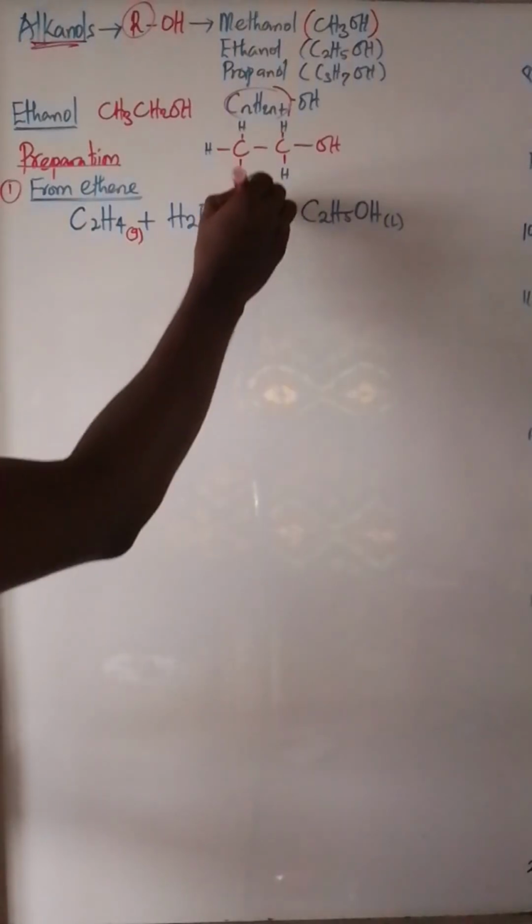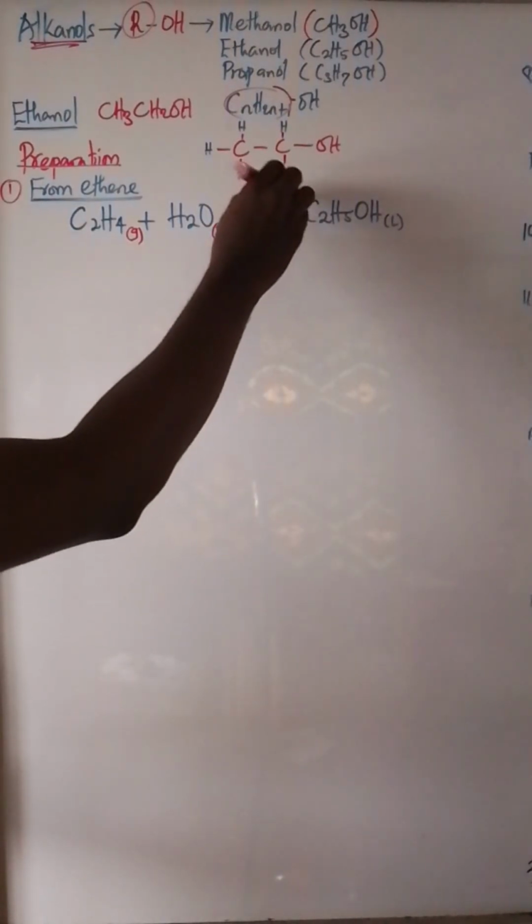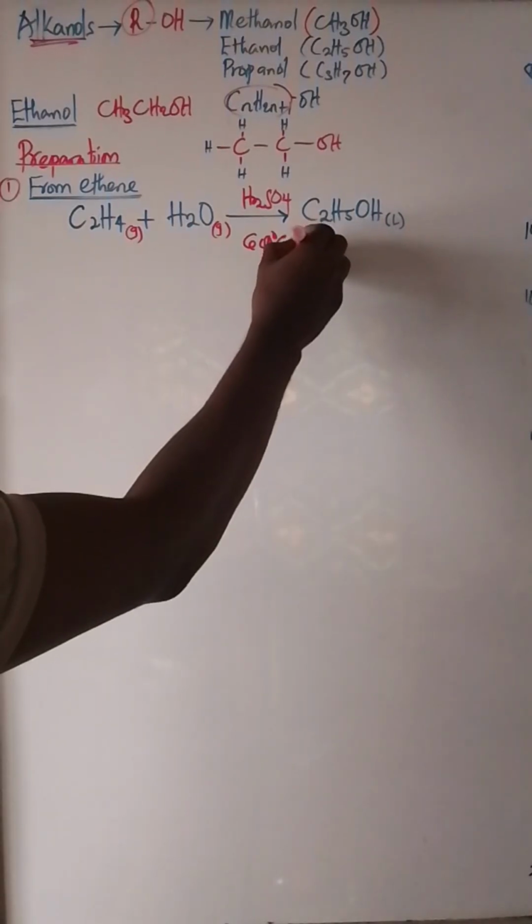But we need H2SO4 as catalyst, and this will happen under extremely high temperature and high pressure, a temperature of about 600 degrees Celsius and pressure about 80 to 100 atm.